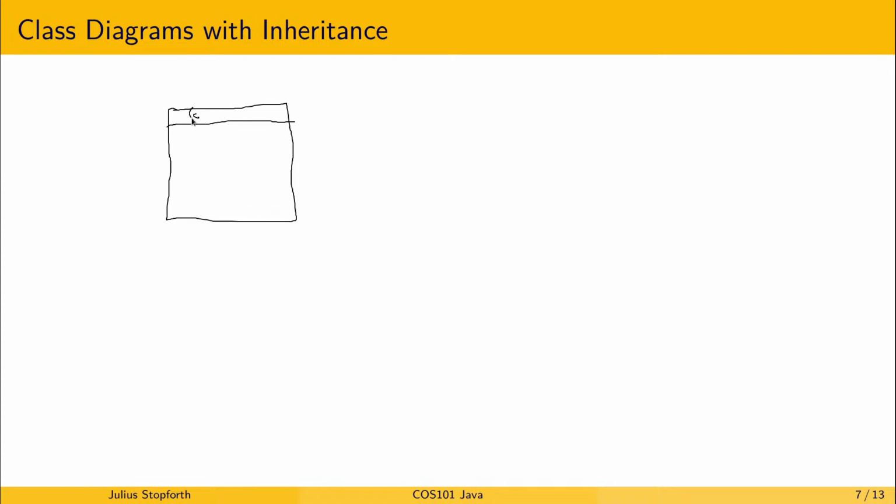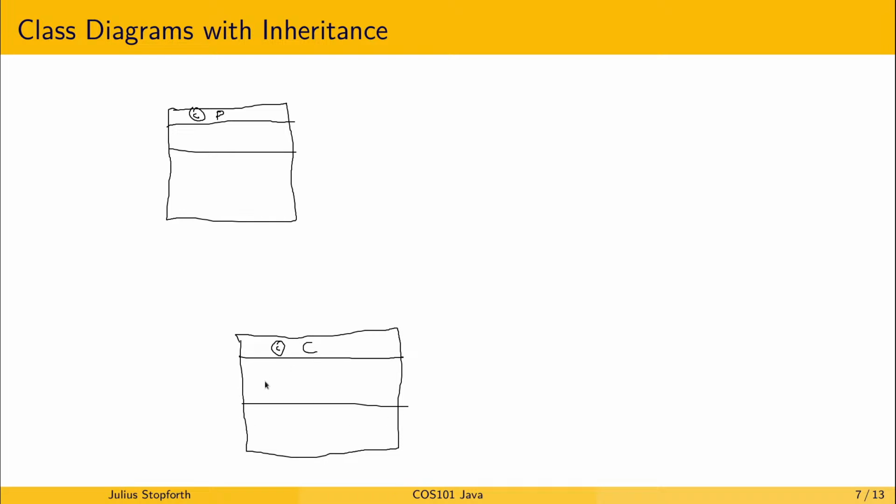We would put a little C there, and we'll call this Parent, with a P. It would have some attributes and some methods. And then we have our other class like this, and we say it's a class, and it is our child class.